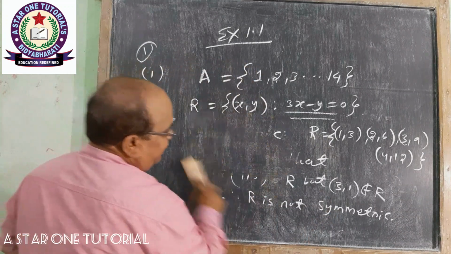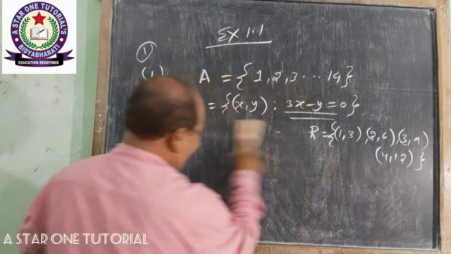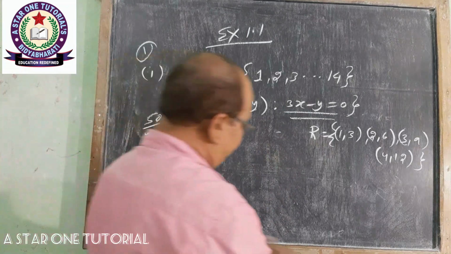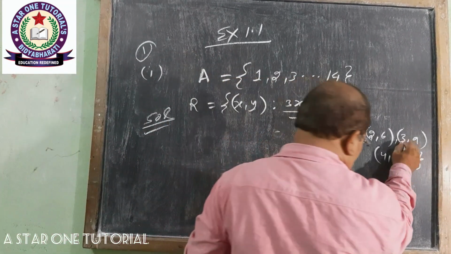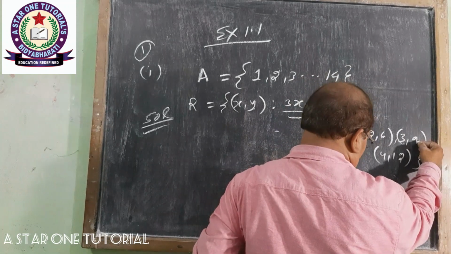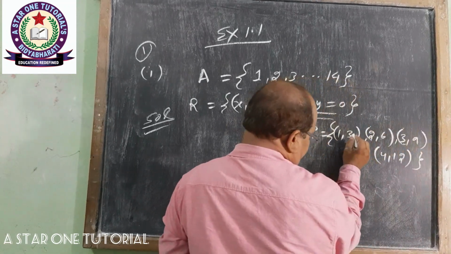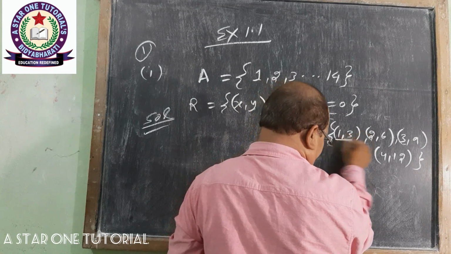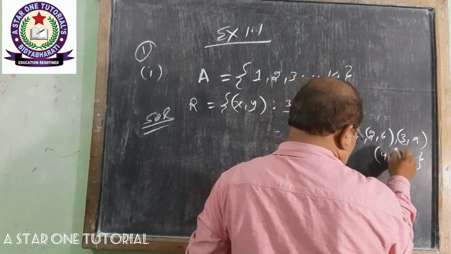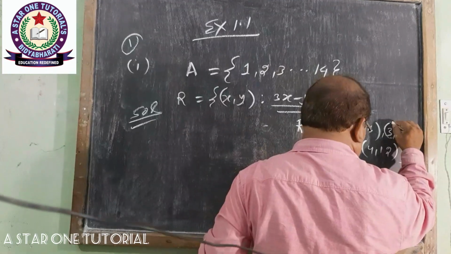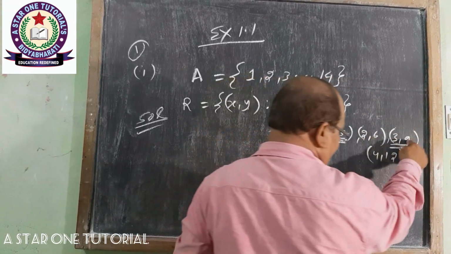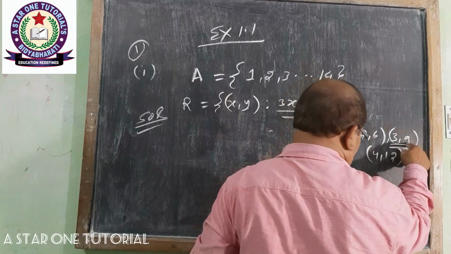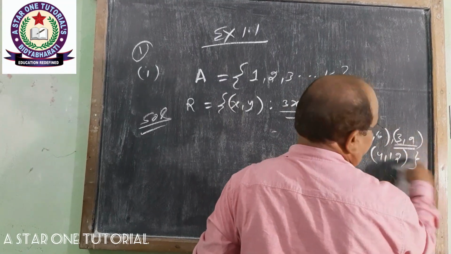Then come to transitive. You see here 1 is related to 3 and 3 is related to 9. The second component of this pair appears as the first component of this pair. That means our third pair should be (1, 9). So 1 should be related to 9, but the (1, 9) pair is not here.